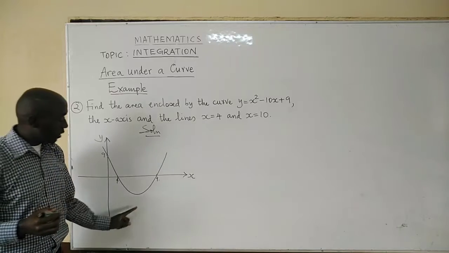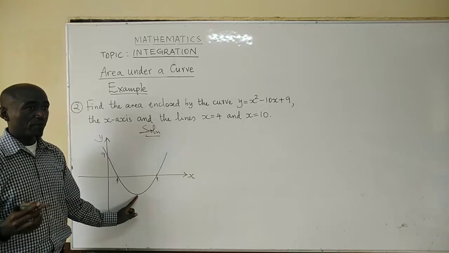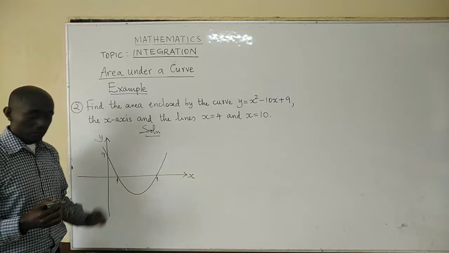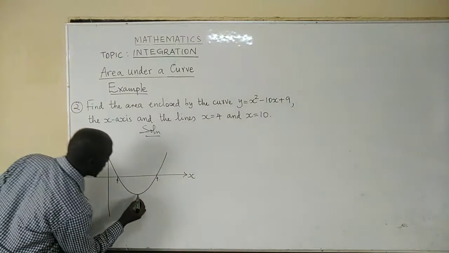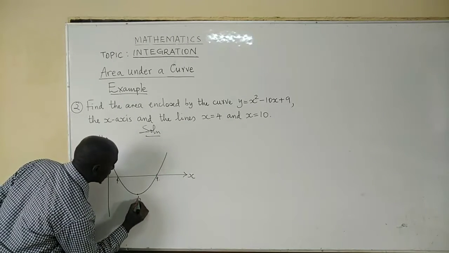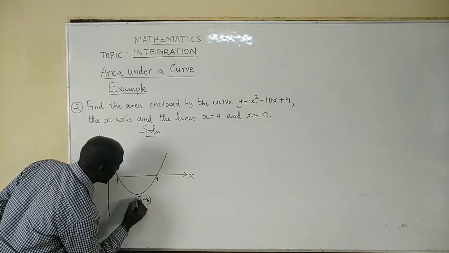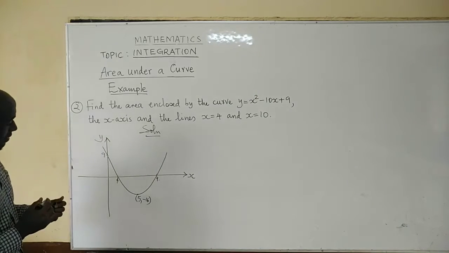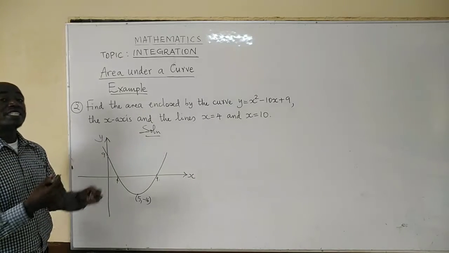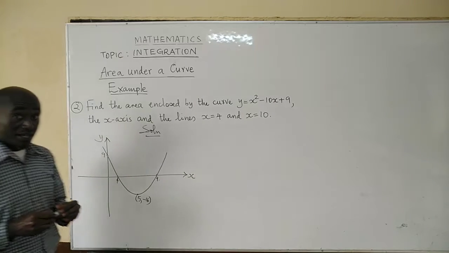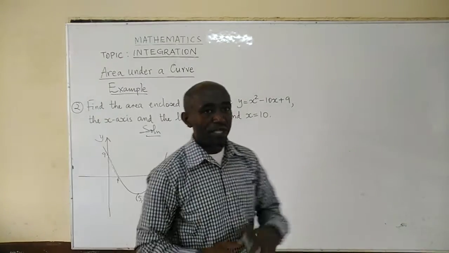And it has a stationary point. We learned a stationary point in the topic differentiation. So it will have a stationary point at (5, -16). If you know those, at least you can sketch the curve. Remember, we learned how to sketch a curve in the topic differentiation.